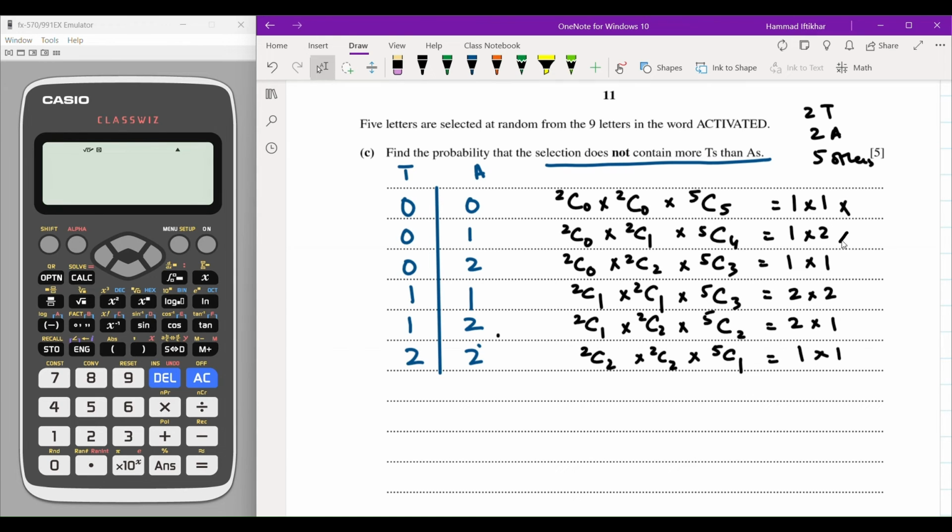Now let's look at the 5C's. 5C5 is just going to be 1. 5C4 is going to be 5. 5C3 and 5C2 will be equal, so 10, 10, 10. And 5C1 is just 5.